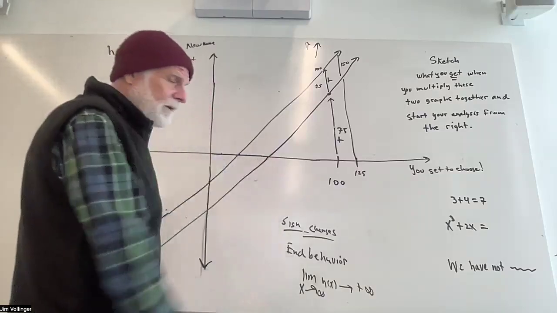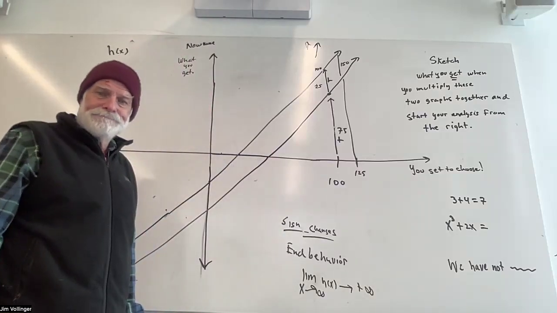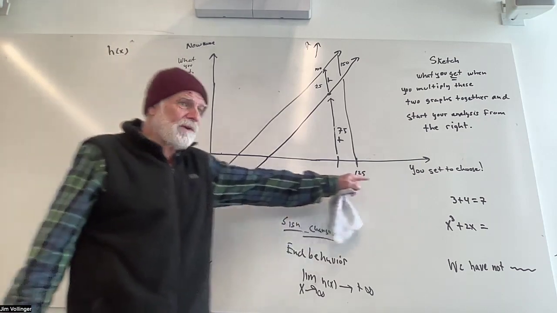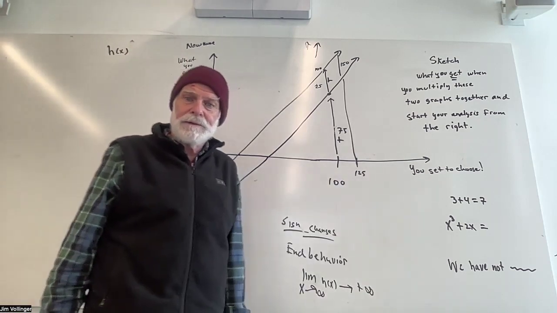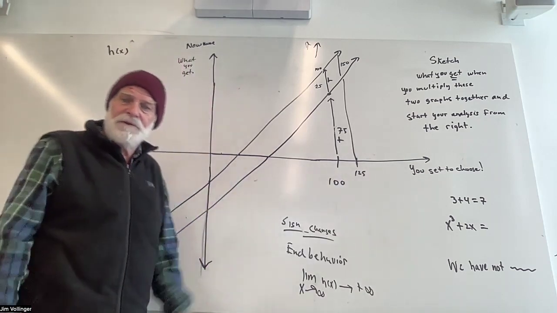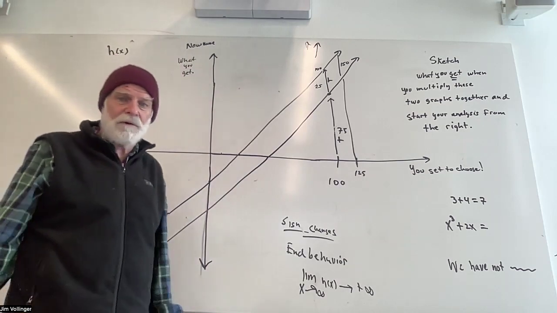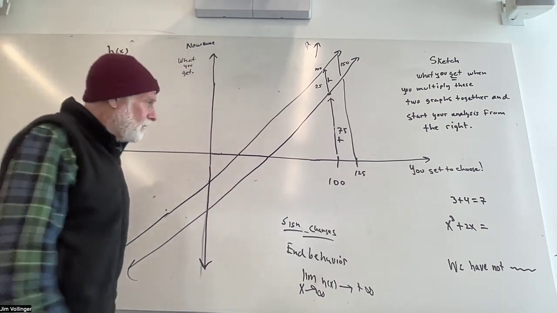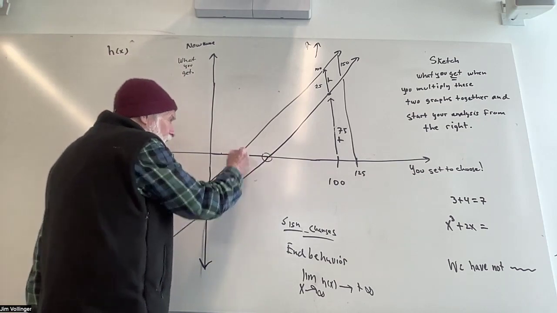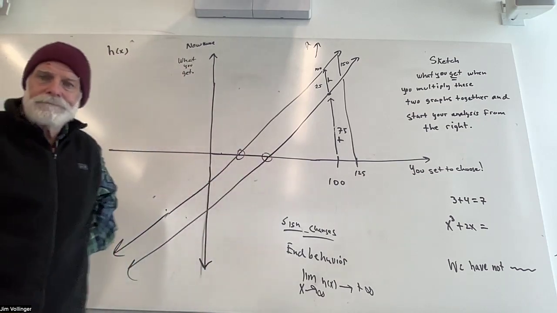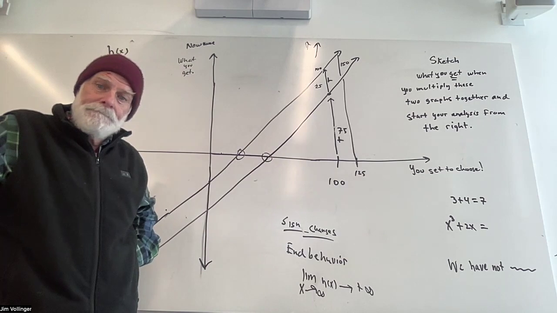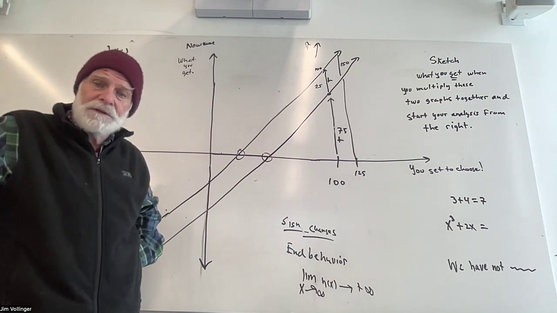Now, where else could we analyze? Well, you get to choose. If you want to pause the video, please do. I'm going to tell you where I'm going immediately. I'm going right here and right there. I don't care what you call those numbers.